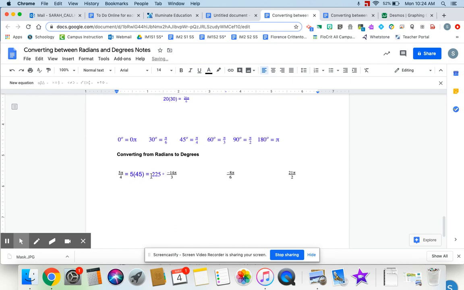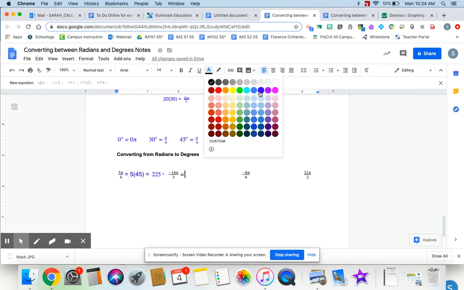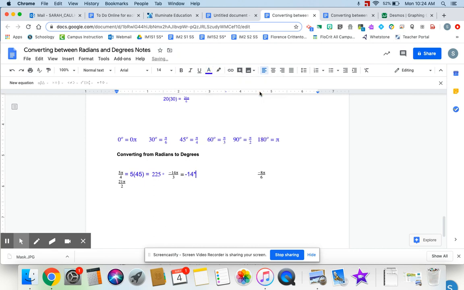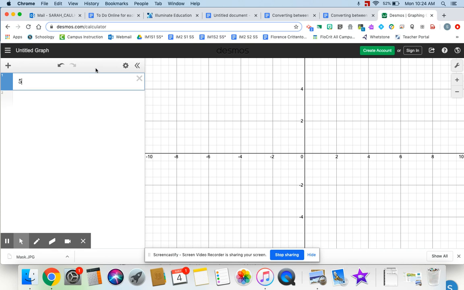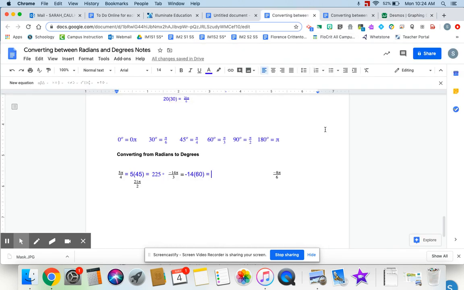So for negative 14 pi over 3, negative 14 times a pi over 3 is worth 60 degrees. So then if I do negative 14 times 60, it's negative 840 degrees.